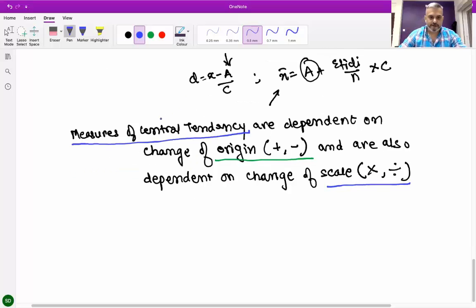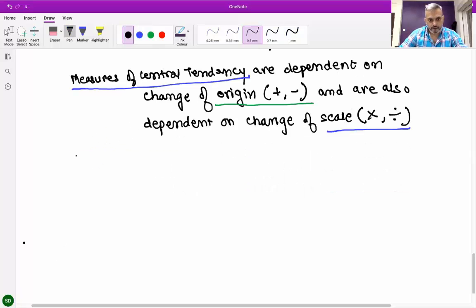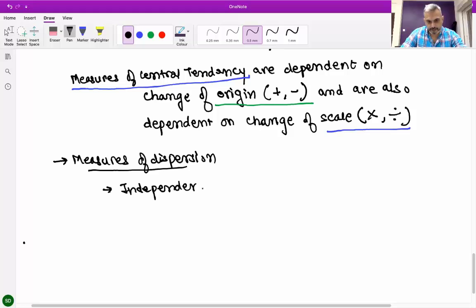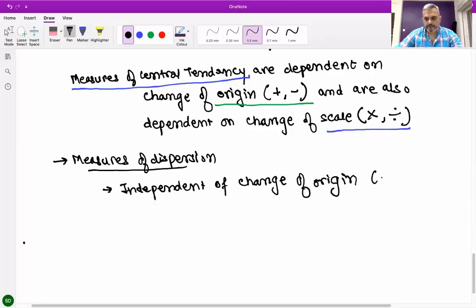But if you go for measures of dispersion, now what happens to measures of dispersion? Pay attention. For measures of dispersion, they are basically independent of change of origin. It means if we add or subtract any number or a constant from the original series, it will not affect the measure of dispersion.